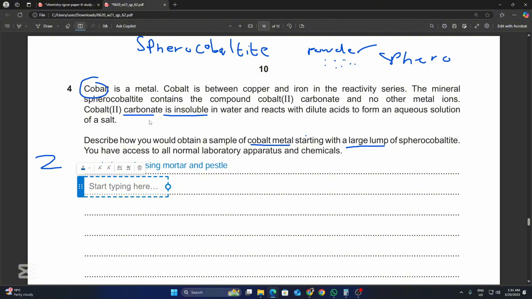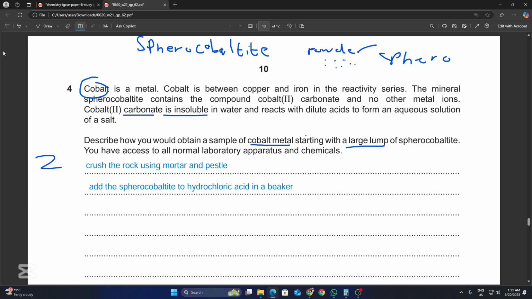So what we can do now is add the sphero-cobaltite to any dilute acid. We're going to use hydrochloric acid in a beaker.